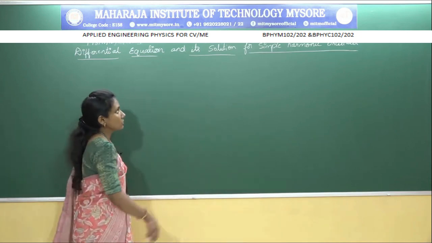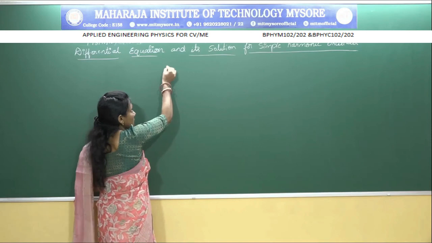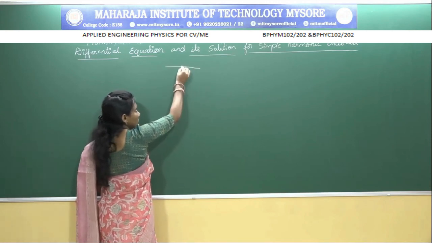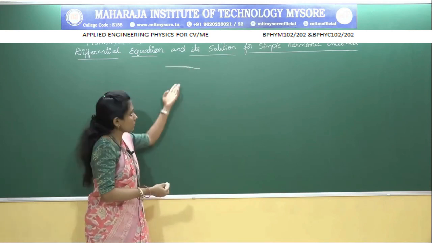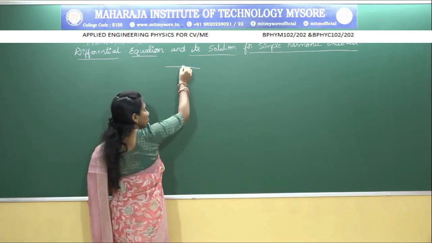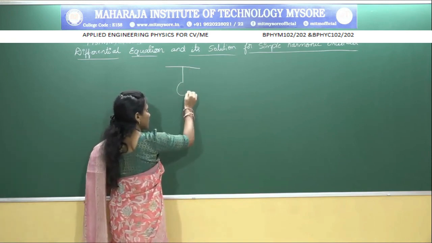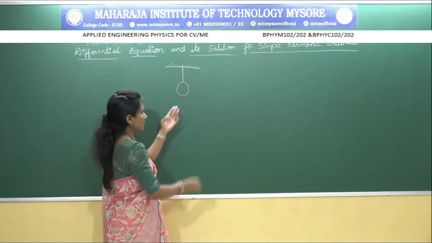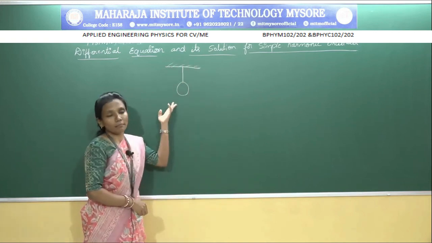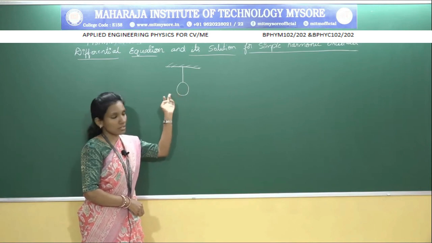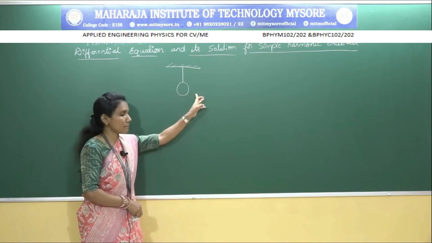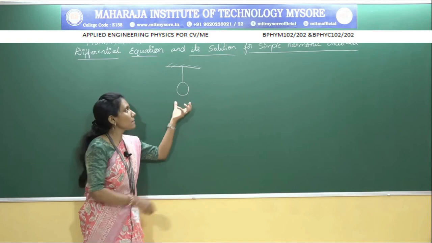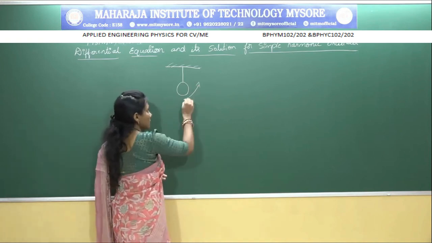So first I have to consider the spring, a simple harmonic oscillating body. If you consider a pendulum, one end is fixed and it is attached to the bob. Consider a particle of mass m which will execute a simple harmonic motion.